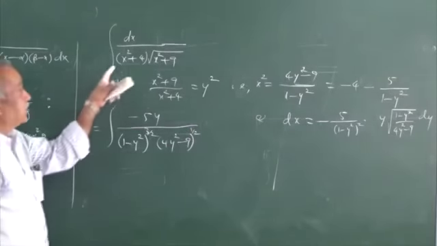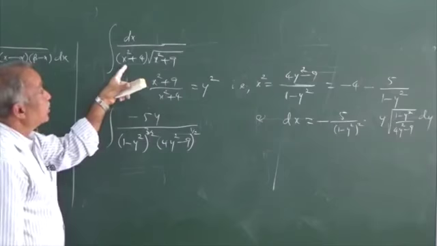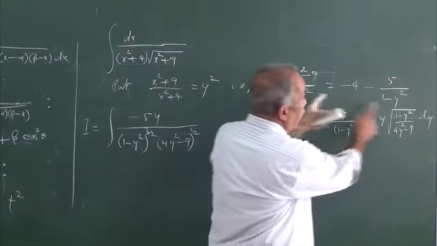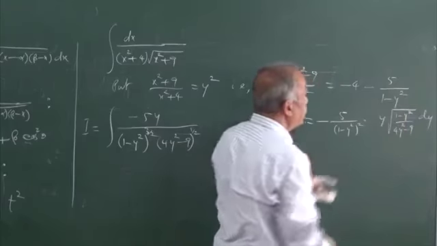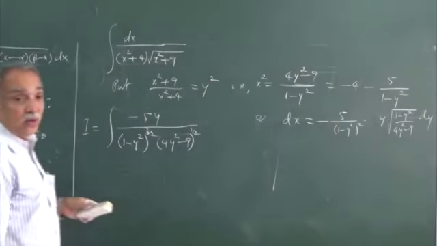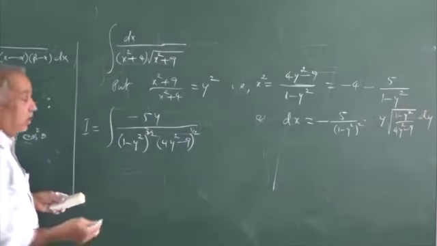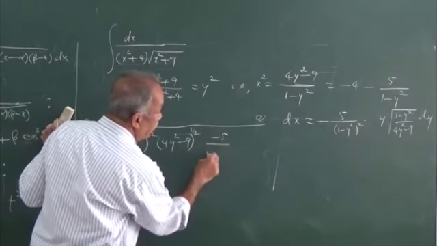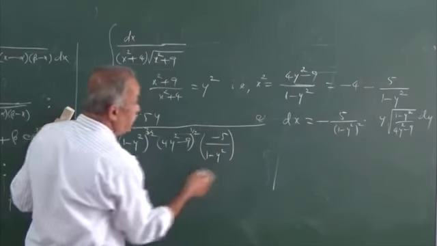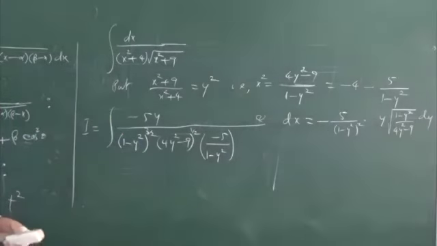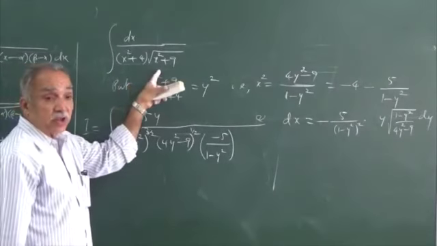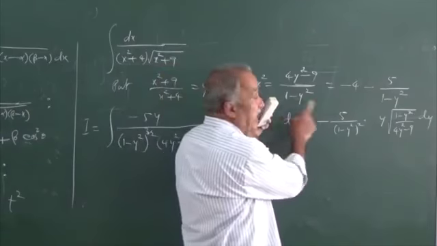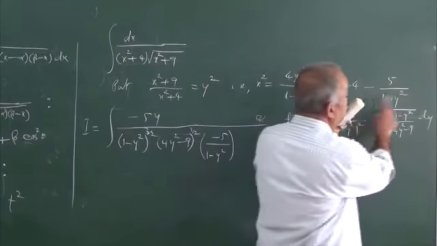Okay. Next, coming to this term, x square plus 4 in the denominator. This is x square plus 4. Minus 5 by 1 minus y square is x square plus 4 into square root of x square plus 9, root of this plus 9.